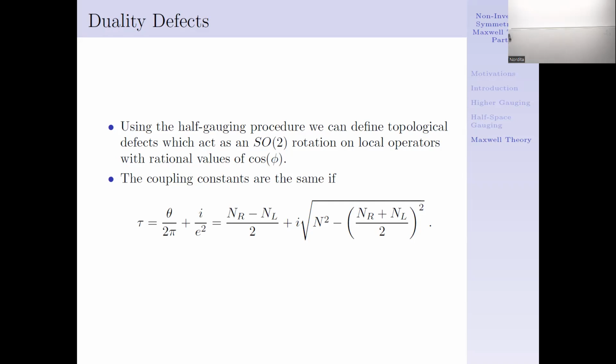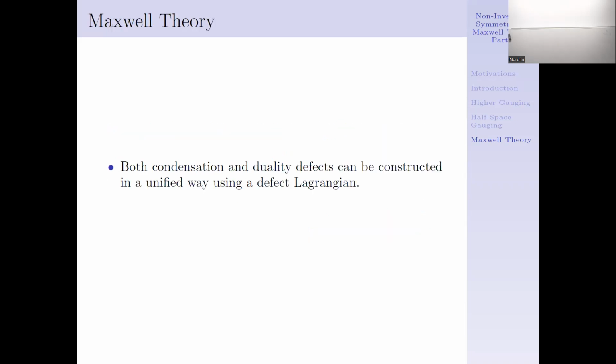So I argued that these topological defects exist using higher gauging and half space gauging, and the main point of our work will be to give you a more elementary way to construct all these defects in a unified way, by giving what we call a defect Lagrangian, which is going to allow us to compute also the fusion and the action on line operators.